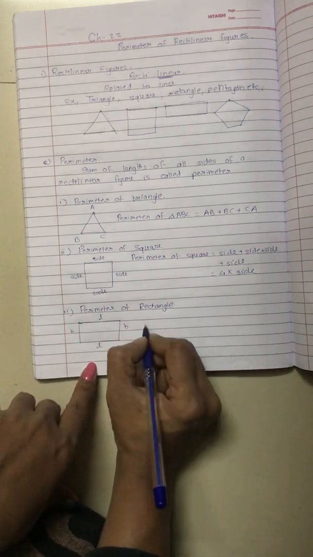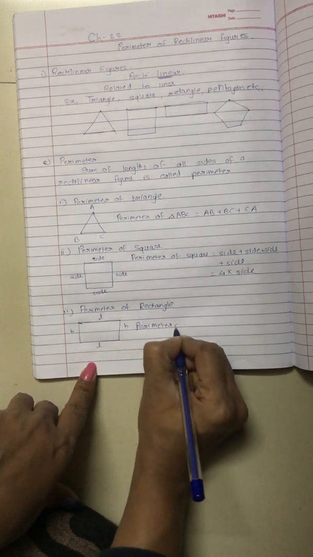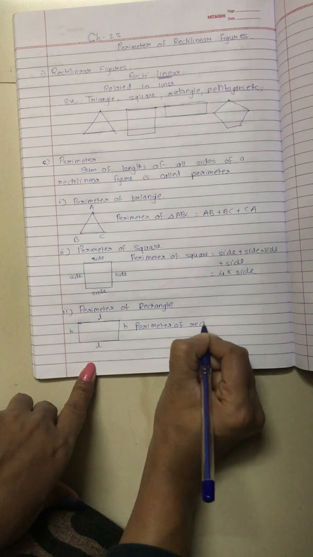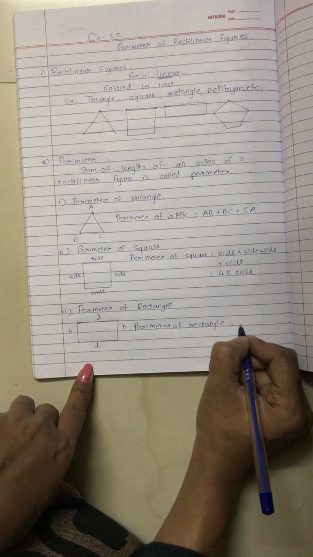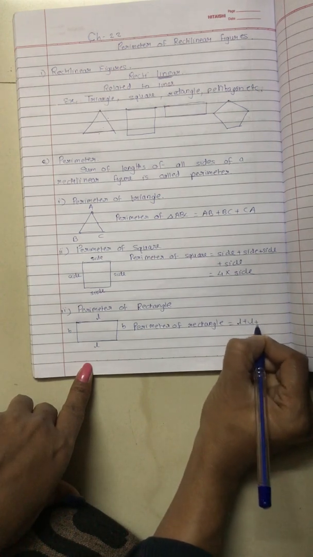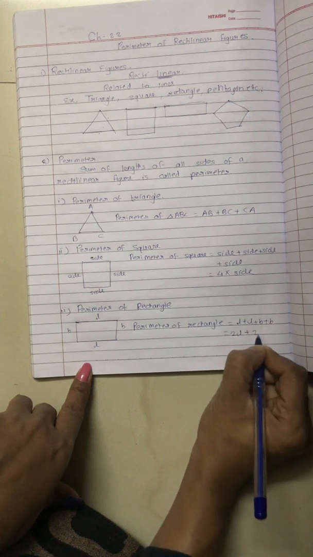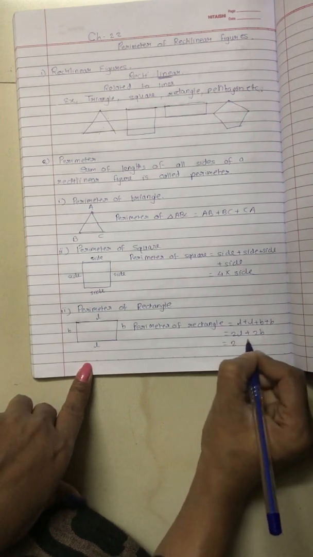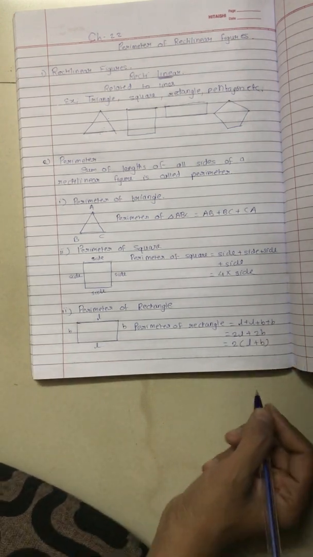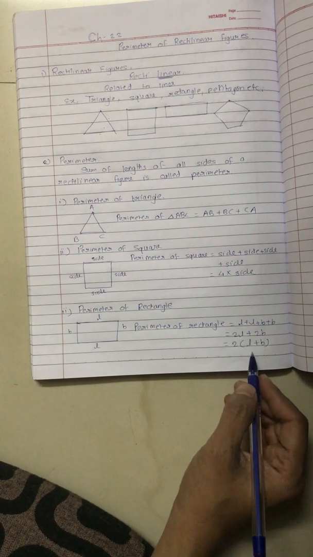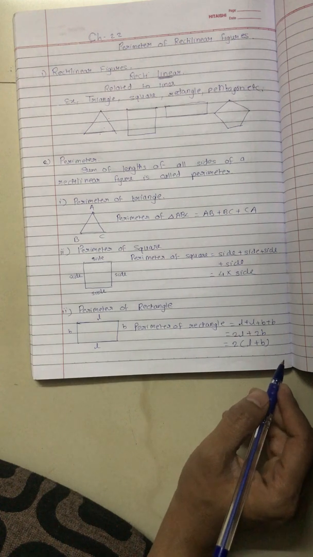So the perimeter of rectangle is equal to L plus B plus L plus B, and this is nothing but 2L plus 2B. Now we will take 2 common, so we will have 2 outside and L plus B inside. So the formula for perimeter of rectangle will be 2 multiplied with the sum of length and breadth. This is all about the formulas of the perimeters.